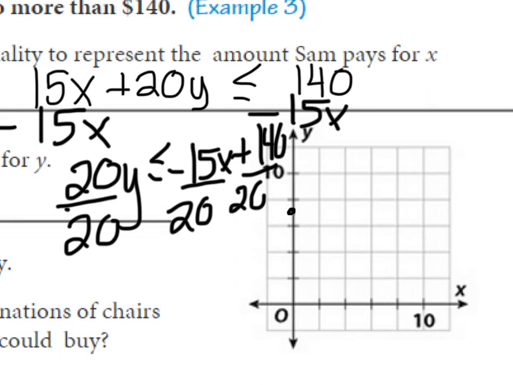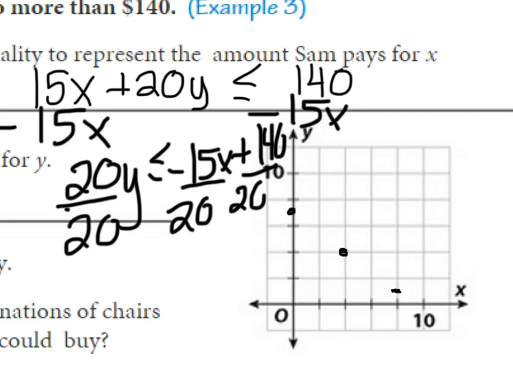You can go down 1, 2, 3, because every one is half, and then go 1, 2, 3, 4 to get to your next point. Or you could also have gone down 1 complete block, 2, 3, and then over 1, 2, 3, 4. And notice how that follows that same nice path. Both ways work, just depends on what you prefer.